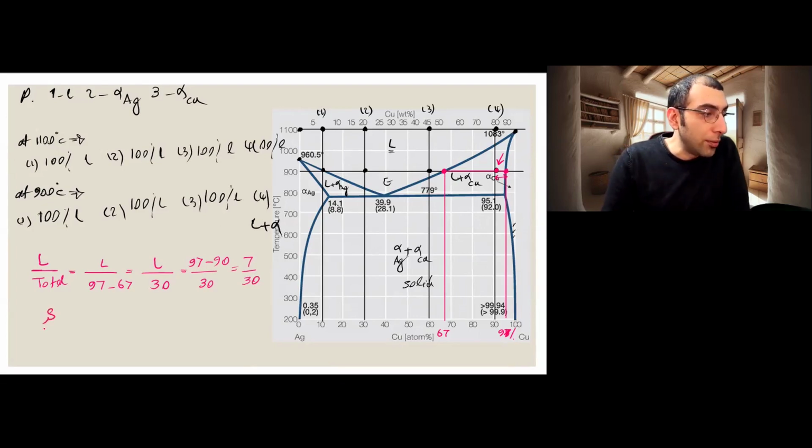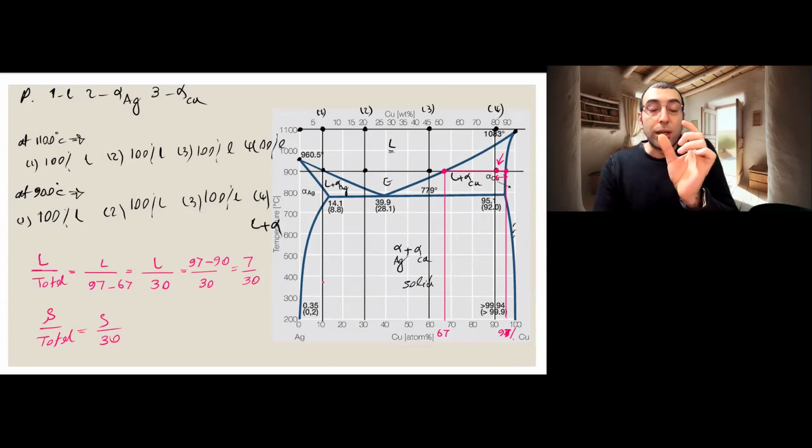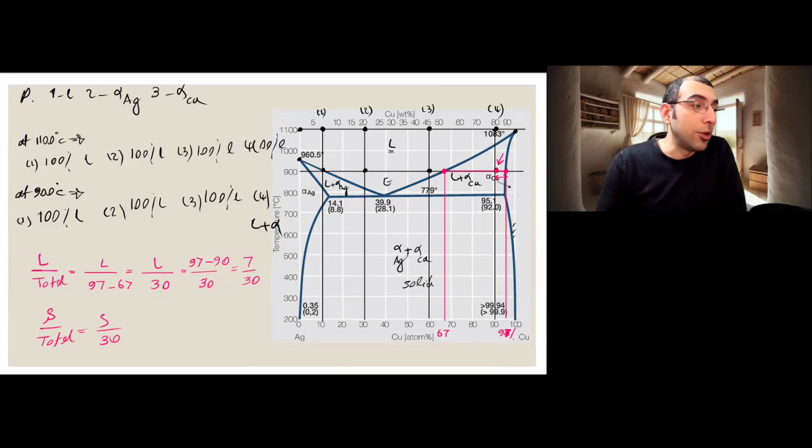For solid, we do the same. So it's solid per total, and then it's solid to 30. The total amount will stay the same. And for solid, the length of the line that is crossing the liquidus line is the amount that we need to put in here.